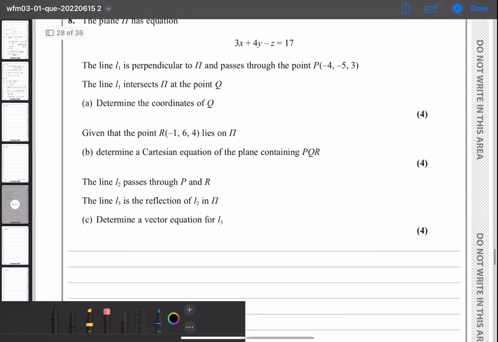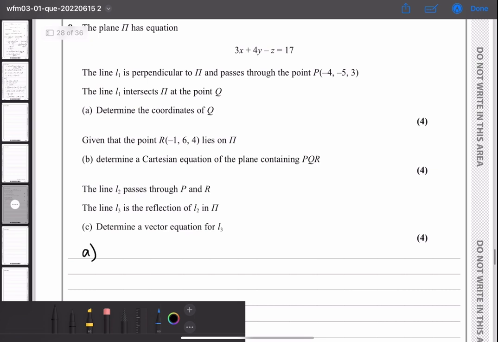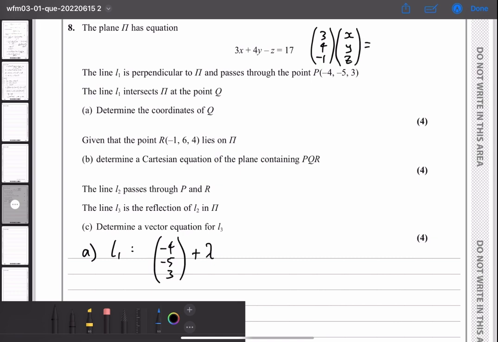Okay, so we're going to need to know the equation of line L1, and that is using the point P plus a direction vector, but because we're told that this is perpendicular to pi, the direction vector I can use is the (3, 4, minus 1) vector here, because I know that that is normal to the plane.